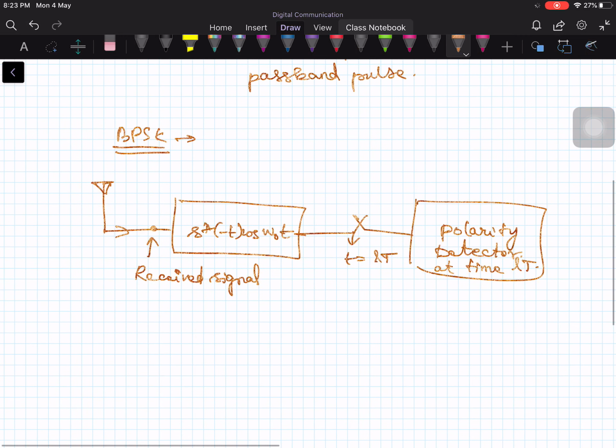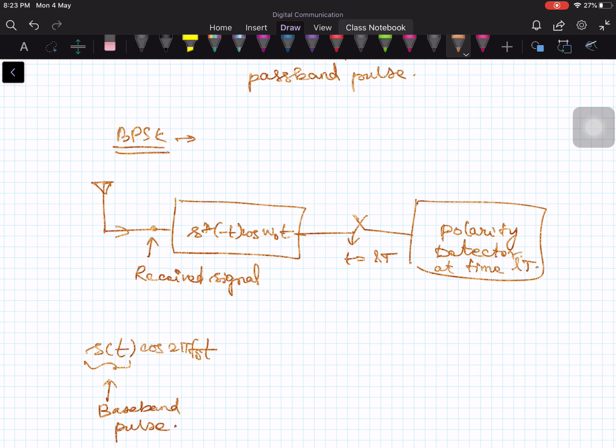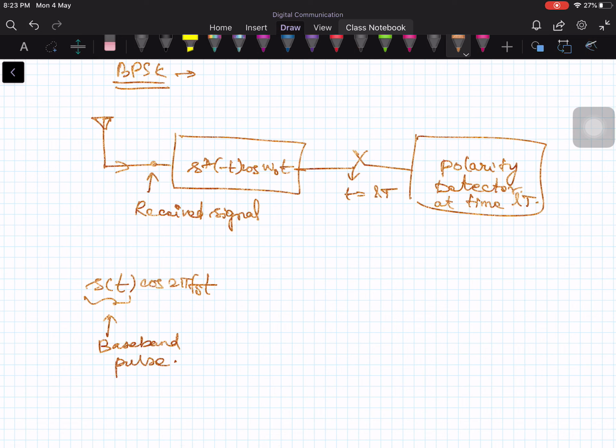So you transmit S of t times cos of 2 pi f naught t. Then this is your baseband pulse, so the baseband pulse is modulated by the carrier. The baseband pulse is embedded onto the carrier, and this will come along with a positive or negative amplitude.